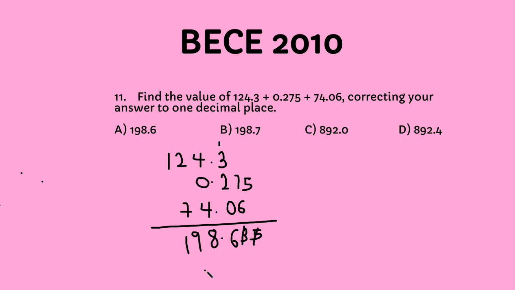However, if we had 5 or a number greater than 5, like 6 or 7, then our answer to one decimal place would have been 198.7 instead of 198.6. But here, since 3 is less than 5, there is no carry forward of 1 to 6, so we maintain it as 198.6.